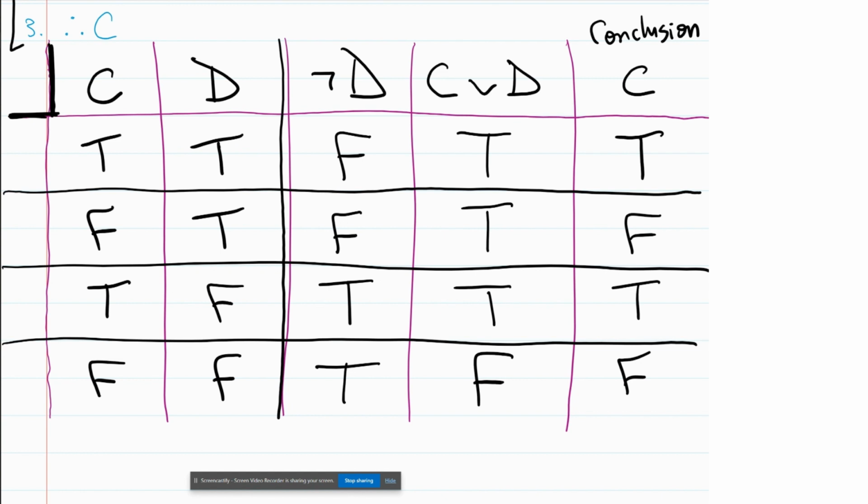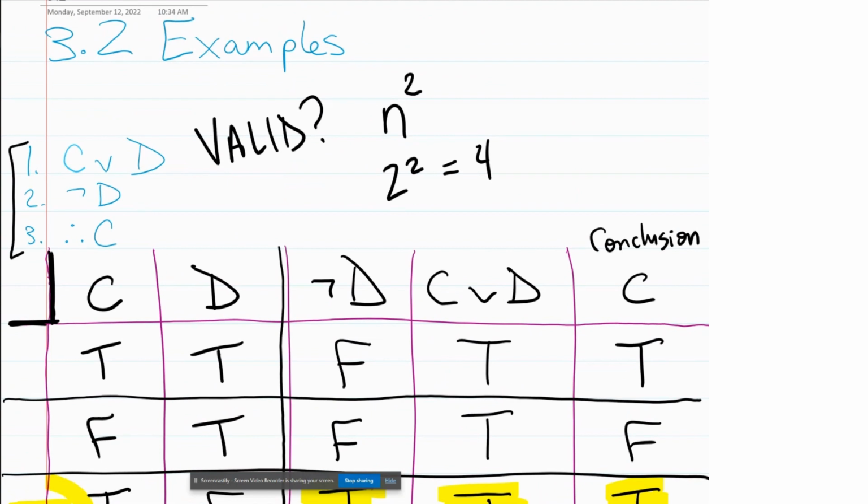The only row in which both premises are true is row 3. In row 3, not D is true, and C or D is true. So the only row we care about here is this one. And in that row where both premises are true, the conclusion is also true. Hence, we can say, yes, this argument is valid.